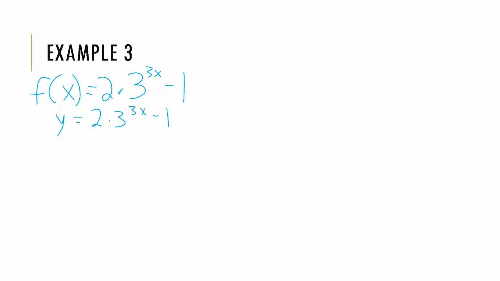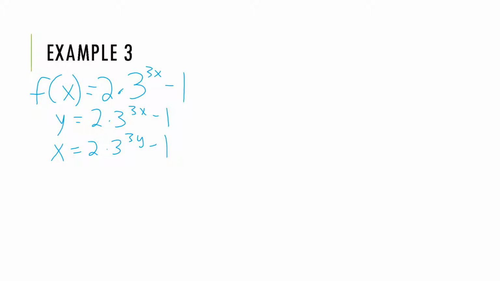Our next example states that f of x equals 2 multiplied by 3 to the 3x power, minus 1. So we're going to replace f of x with y, and then we are going to change the y and the x.